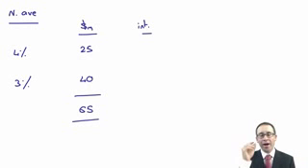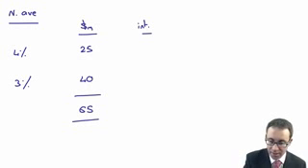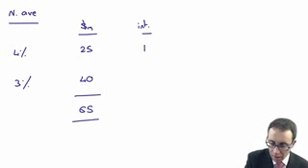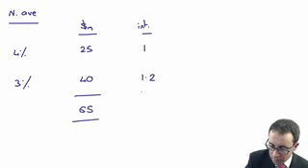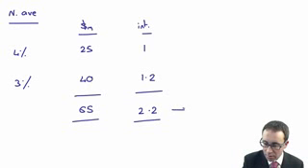I would expect our weighted average to be closer to 3 because we have more borrowings on the 3% loan. So 4% of 25 is 1, and 3% of 40 is 1.2. So we have 2.2 million of interest on borrowings of 65.